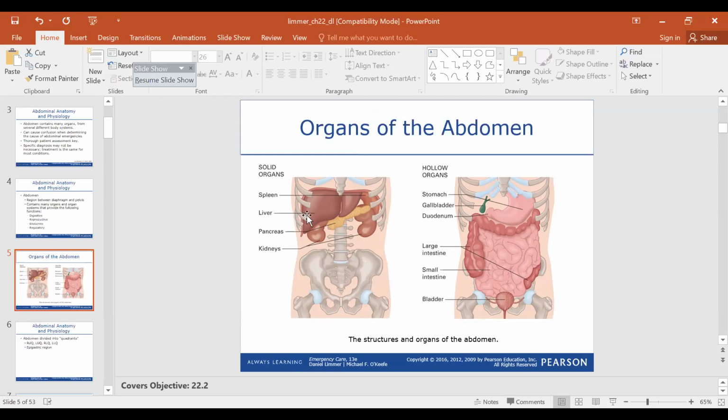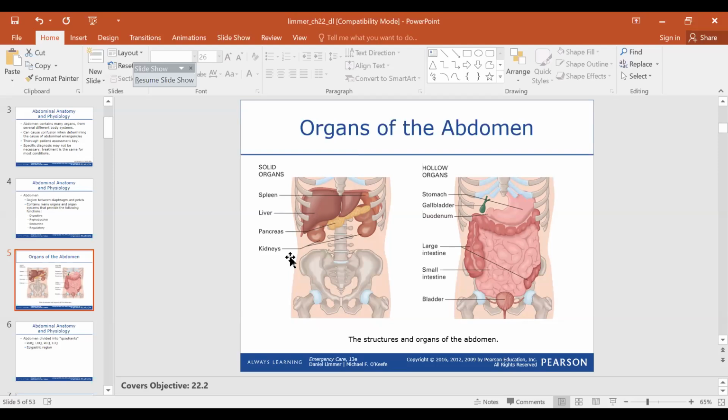But the reason that this matters is because if the pain is epigastric and you have some bleeding up here, there's a potential for a good amount of blood loss because of all these solid organs. Your liver is very vascular, has a lot of blood. If one of these ribs were to break and puncture a liver, your patient could bleed out quite a bit.